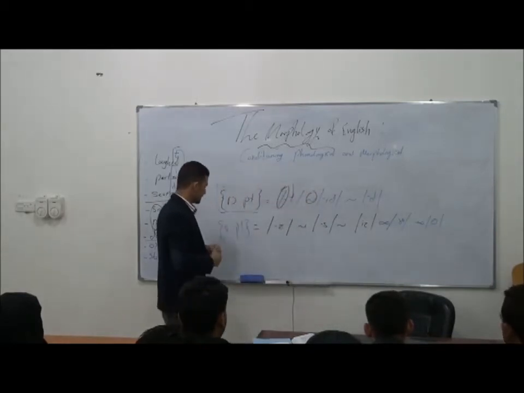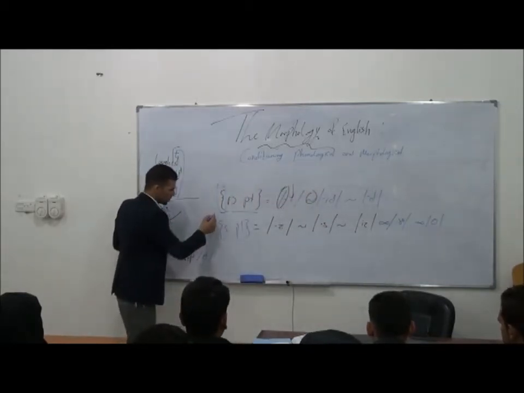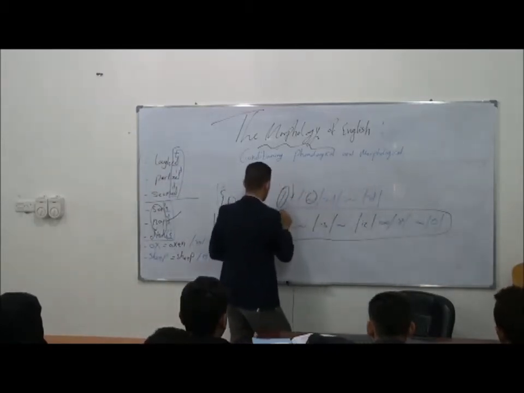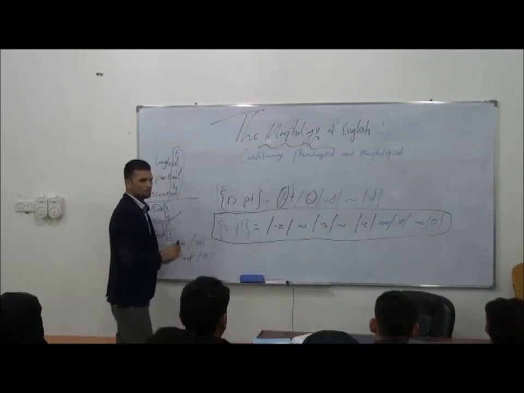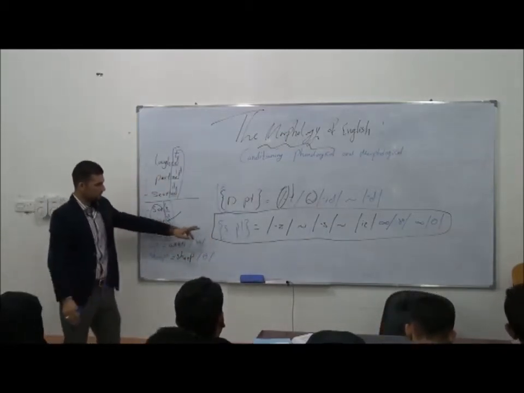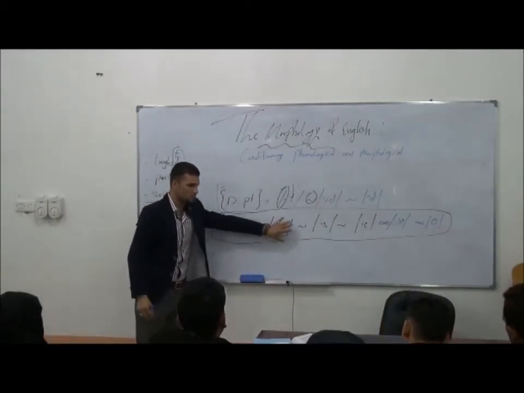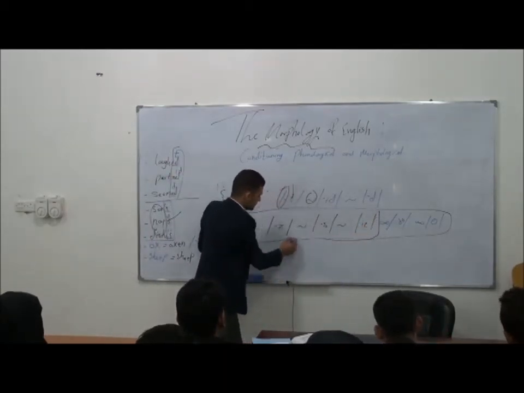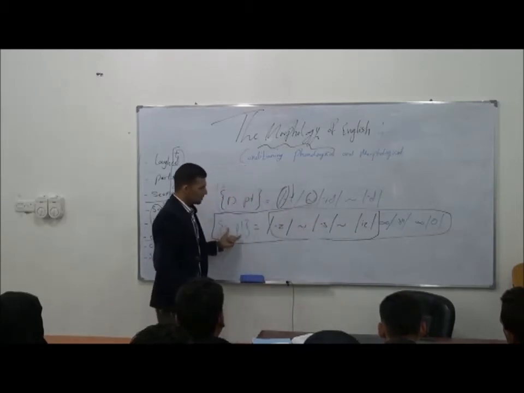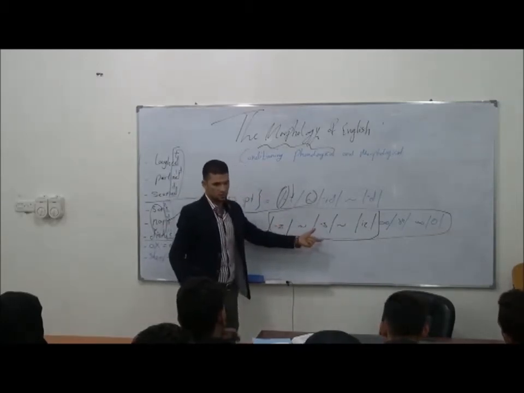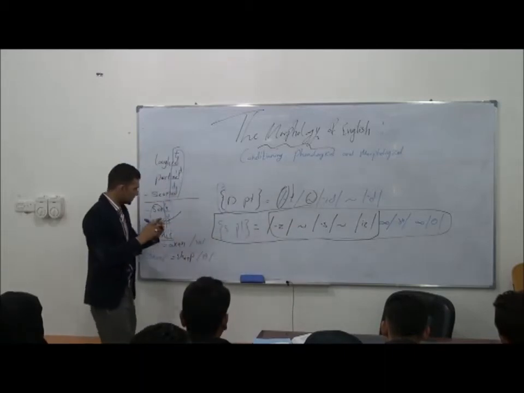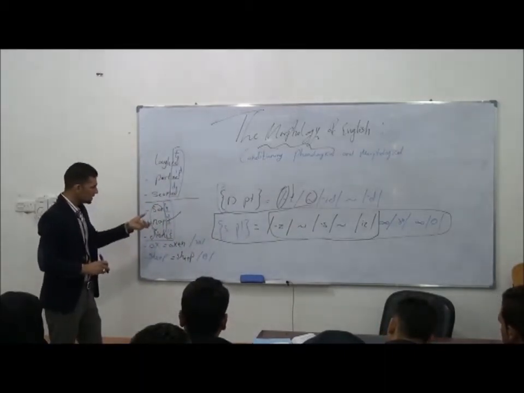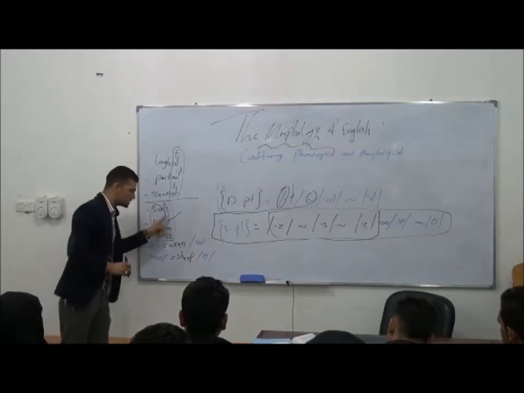So this is the final representation for the S plural morpheme. It is symbolized in this way. These three allomorphs, the morpheme is phonologically conditioned. Why? Because the phonological environment plays a role in producing these sounds.